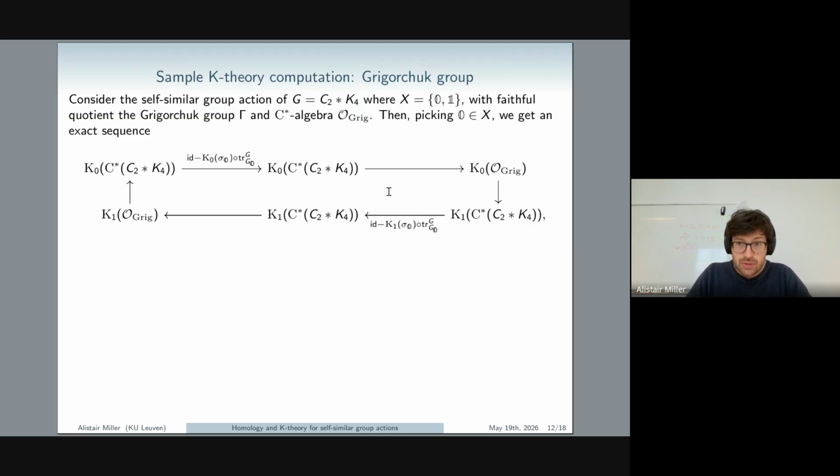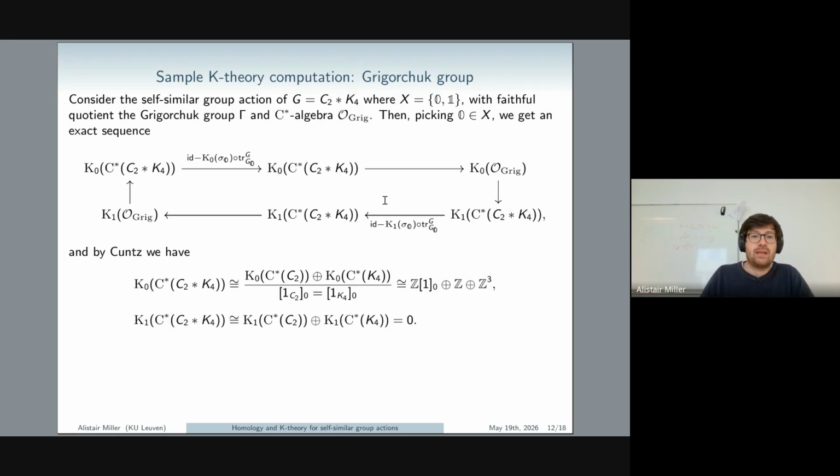And thanks to Kuntz, we understand the K-theory of free product groups. It tells us that in K0, we get the direct sum of the K-theory of the group C-star algebras. And we mod out by saying that the unit coming from each group is identified in K0.